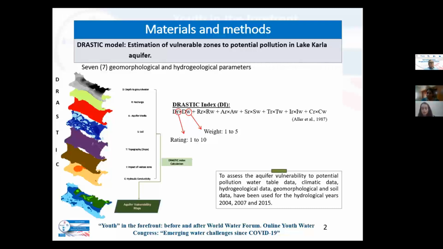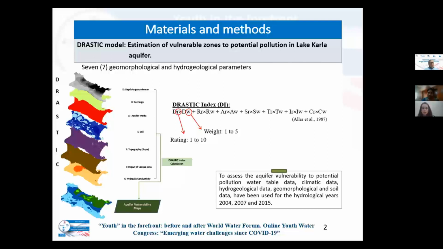Rating 1 is the least contamination potential, rating 10 the highest. The DRASTIC index, the I, is then computed applying a linear combination of all factors according to the presented equation. The higher the I number, the greater is the relative groundwater contamination potential.